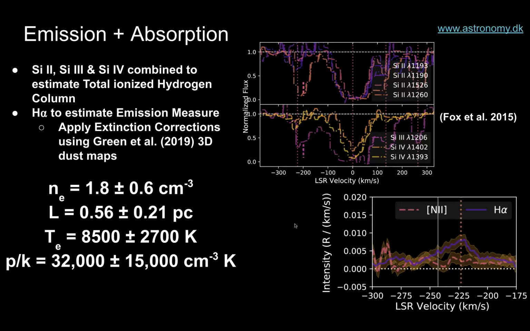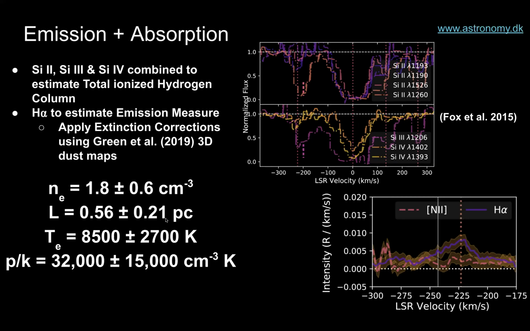We could apply extinction corrections using an approximate distance towards galactic center and towards the structure. And what we get are these in situ estimates of the ionized gas density, the path length it's coming from, temperature, and also pressure. So what we're seeing is gas that is quite dense, especially for gas that's about a kiloparsec off the plane of the galaxy.